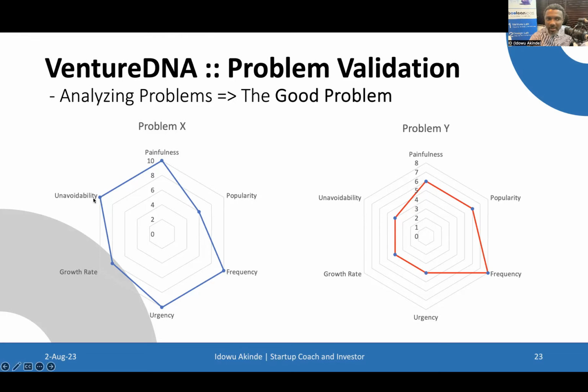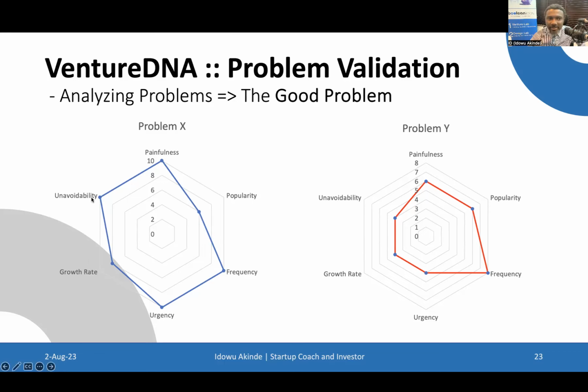So we started with painfulness, which is severity; popularity, how many people you can find experiencing that level of severity; frequency, how many times it occurs in their lives; urgency, does it require immediate attention or action; growth rate, is this a growing problem or a shrinking one.